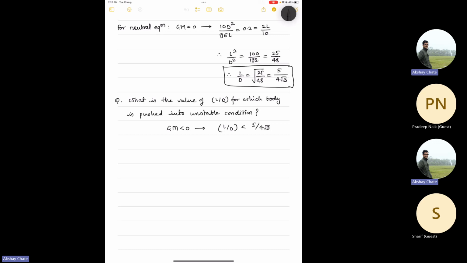Momentum, sir. Yeah. Conservation of mass is there, and then conservation of momentum. Okay, force balance.